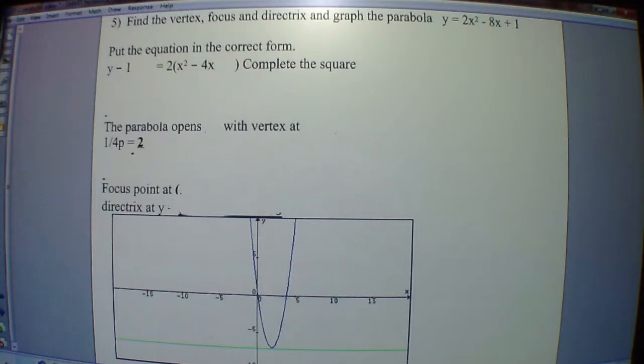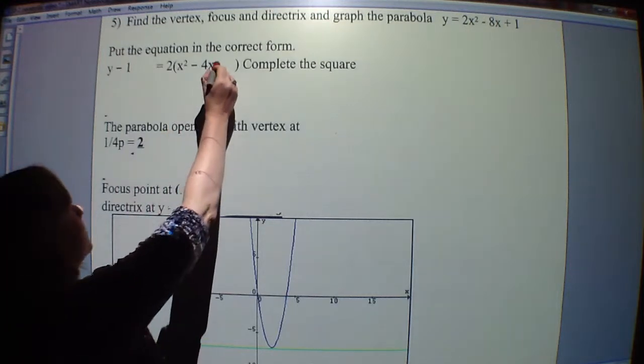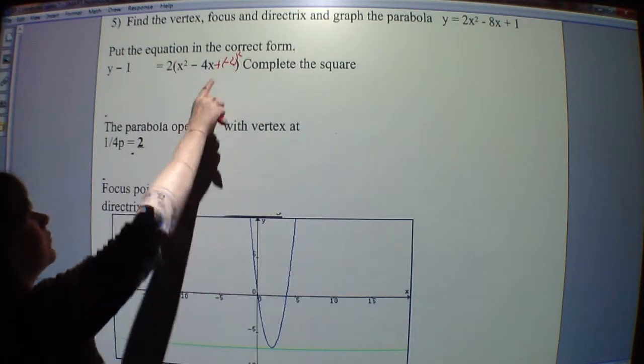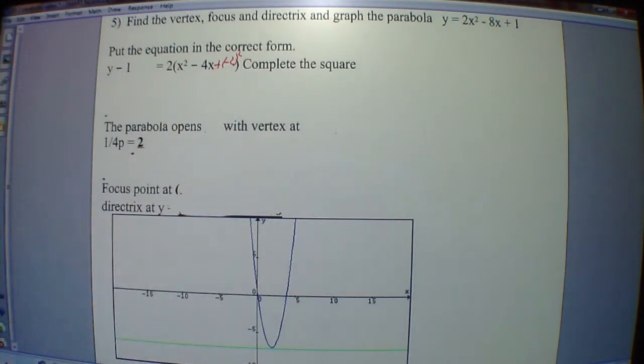Find the vertex, focus, and directrix, then graph the parabola. Well, that is not in the format that we need it to be in, so we need to complete the square. What I did is I grouped the 2x squared minus 8x together and factored out a 2, and the 1 I moved to the other side. Now remember, I'm going to always add half of that squared, so I added 4 there.